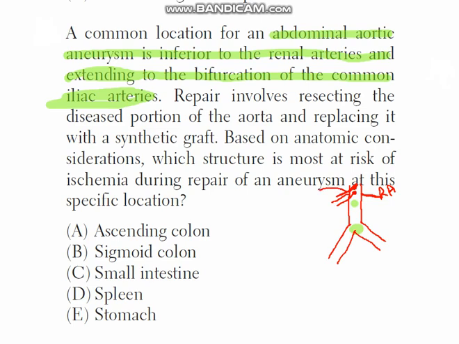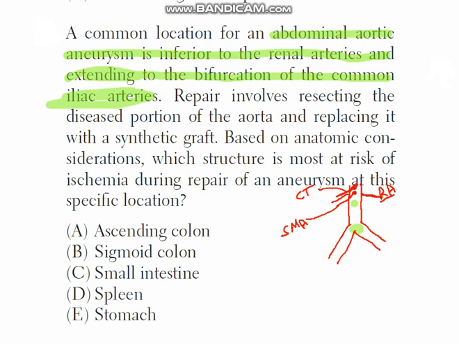That is the celiac trunk, and here we have the superior mesenteric artery. Okay, so this is a point below the renal artery where the aneurysm forms.